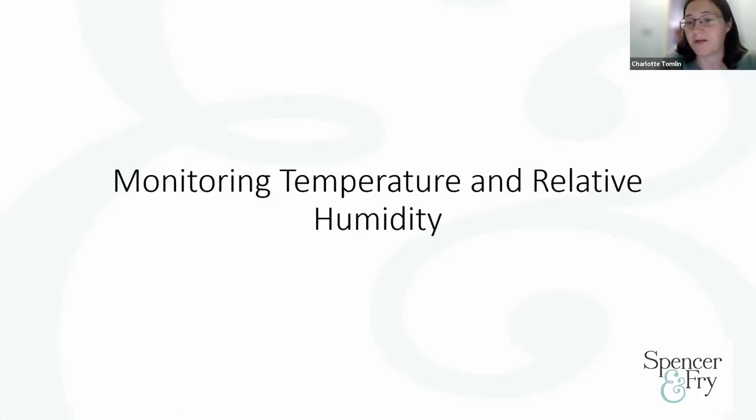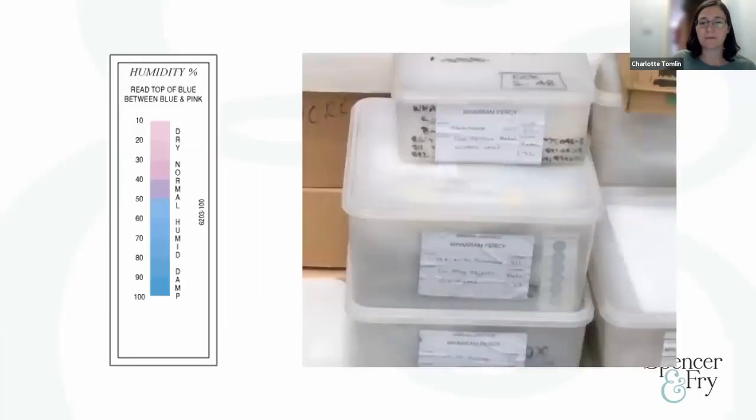So on to monitoring. We know what deterioration it can cause, and a bit about the science behind it. How do we monitor temperature and relative humidity so we know whether it's unacceptable or not? Very simply, the simplest of indicators is this RH strip.